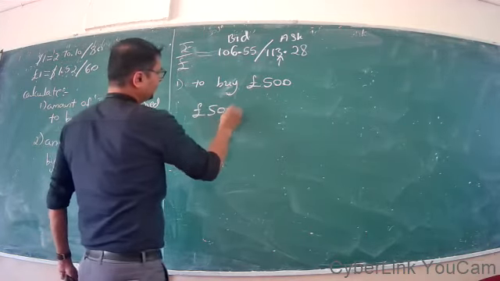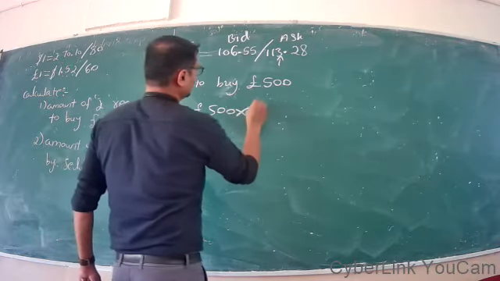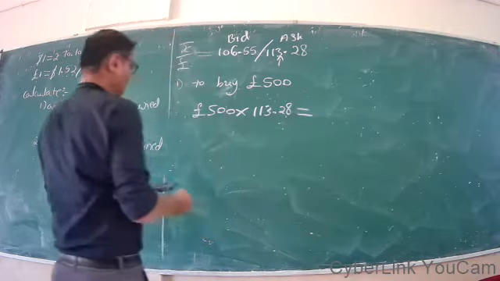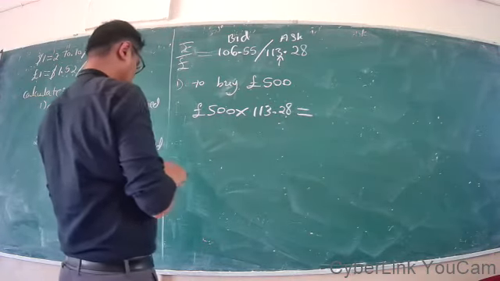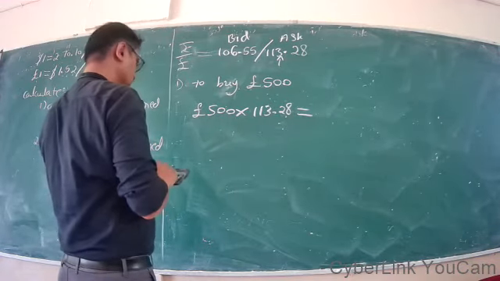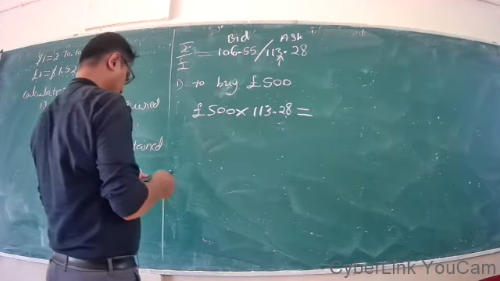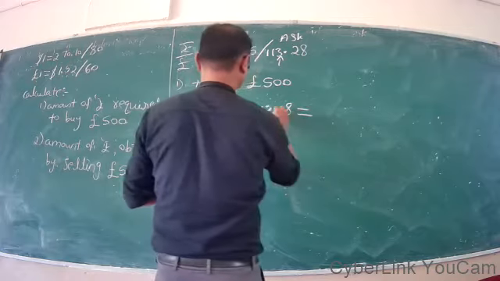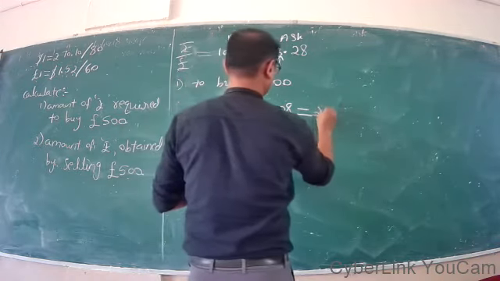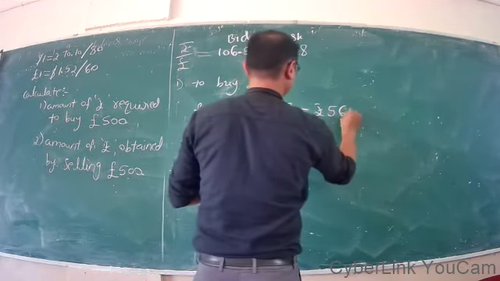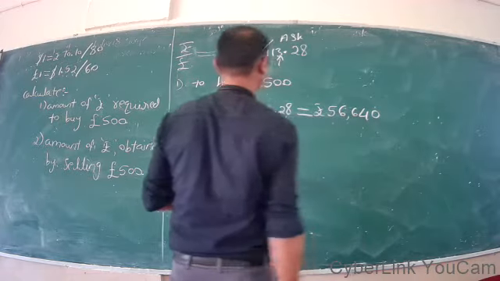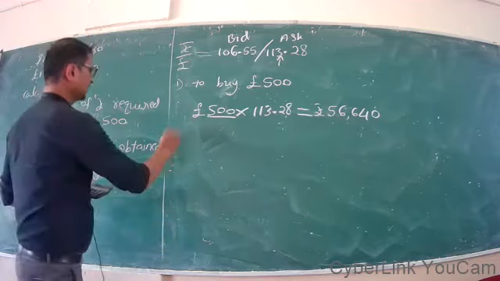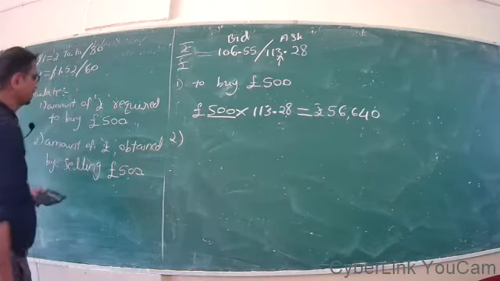To buy 500, per sterling pound is 113.28 rupees. So rupees 56,640 is required to buy 500 sterling pound. So that's what they have asked in question number 1.